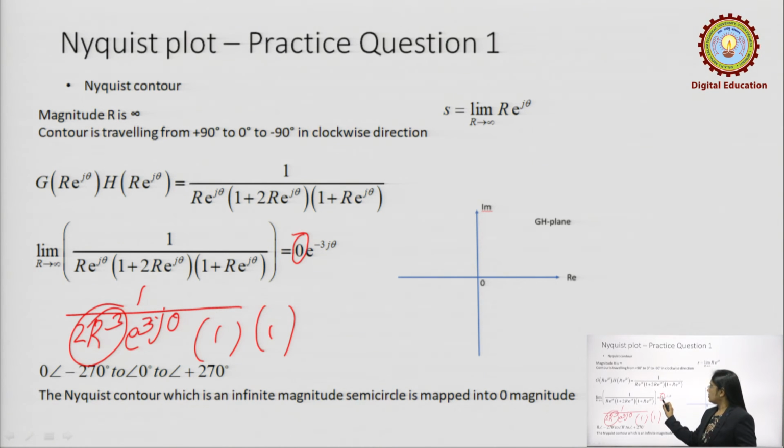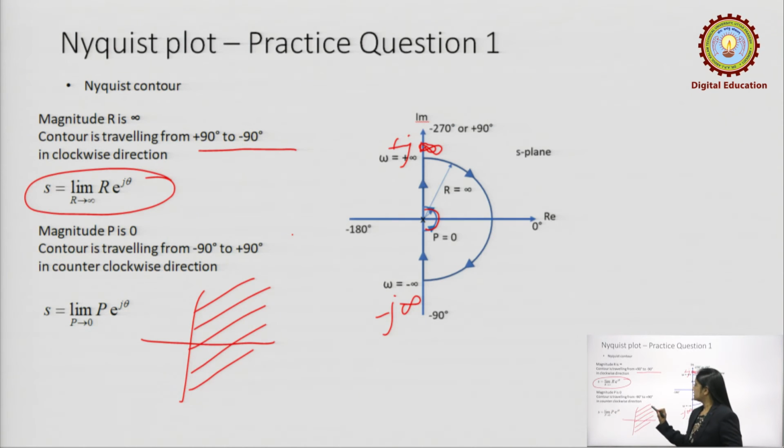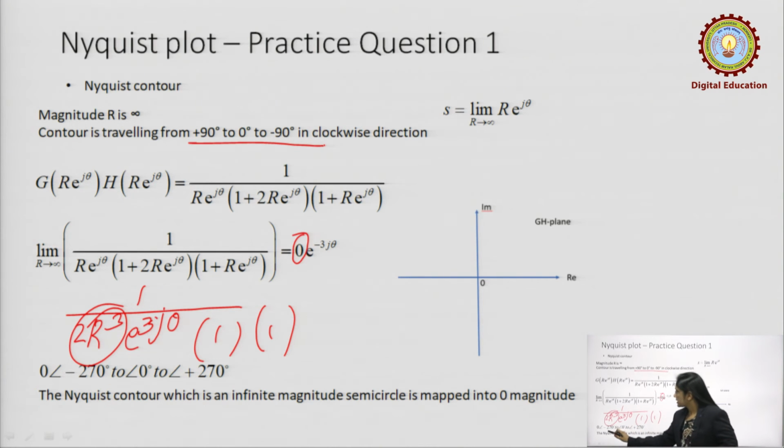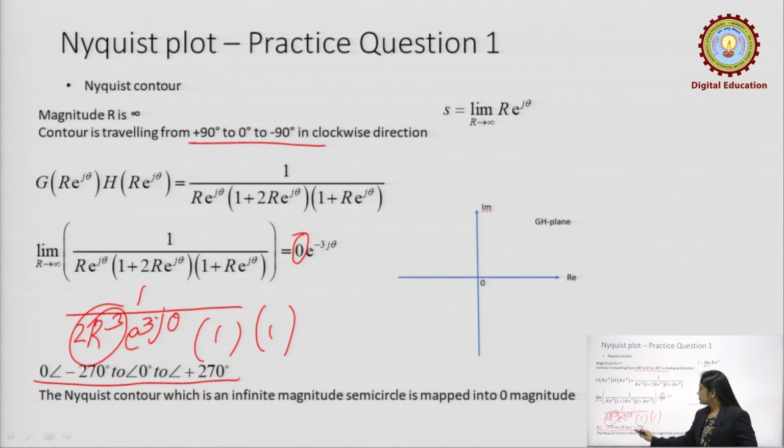So, this is how this right half S plane contour is mapped into the GH plane with 0 magnitude and the angle e raised to minus j theta. Here theta goes from plus 90 degree to minus 90 degree, so we get 0 magnitude with the angle travelling from minus 270 degree to 0 degree to plus 270 degree.